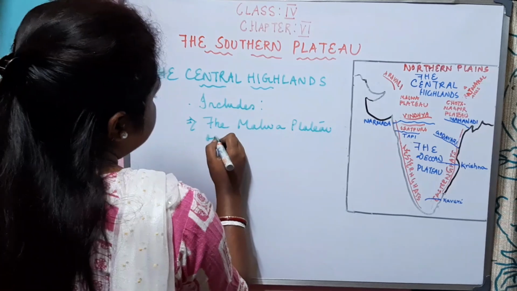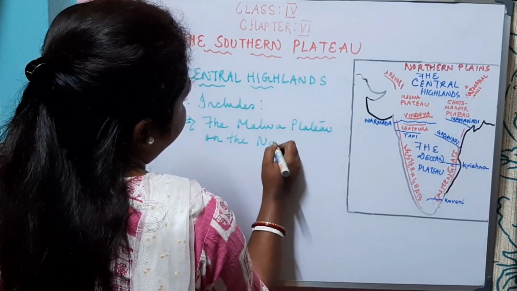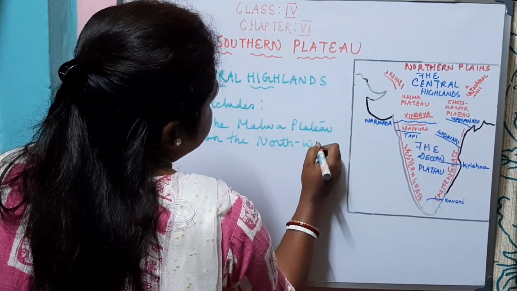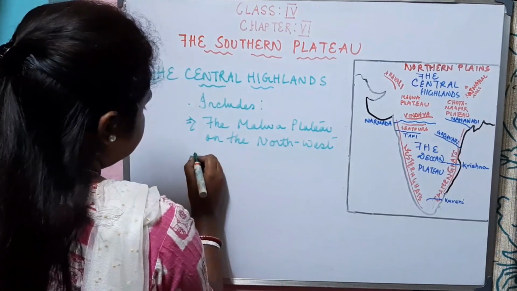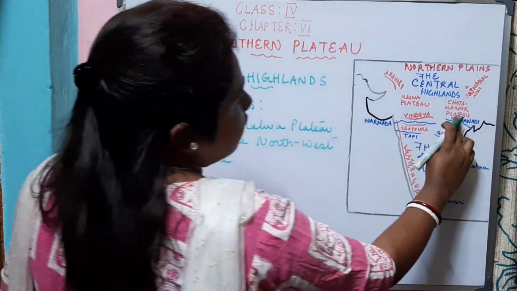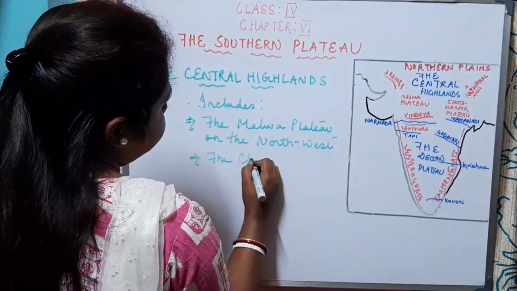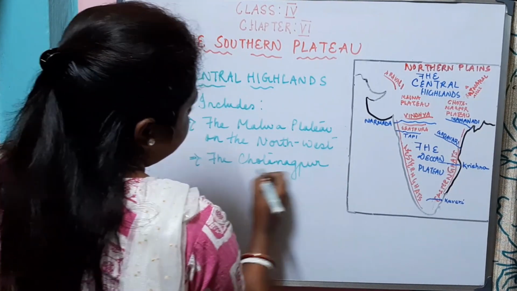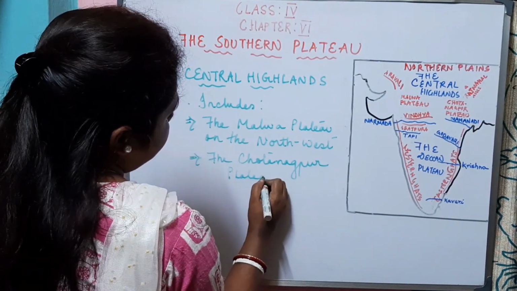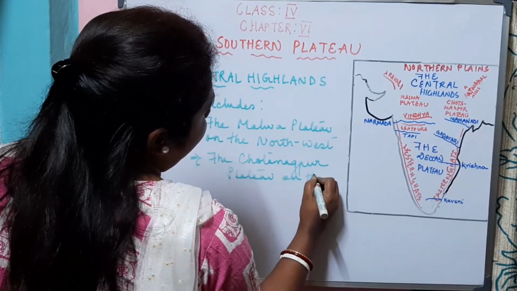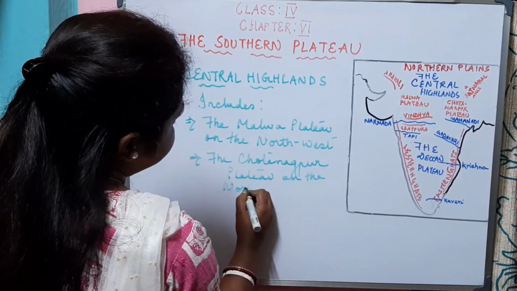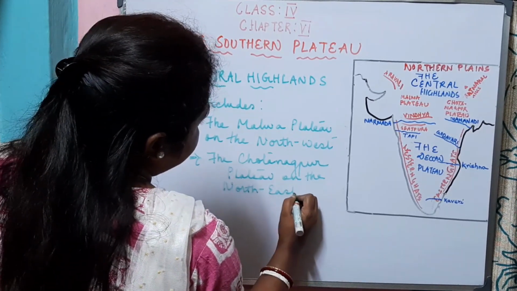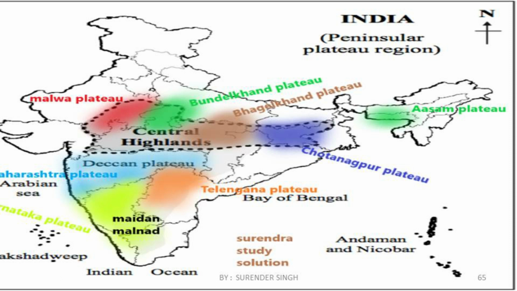It is on the northwest, and the Chotanagpur Plateau on the northeast. So the Central Highlands includes the Malwa Plateau on the northwest and the Chotanagpur Plateau on the northeast.